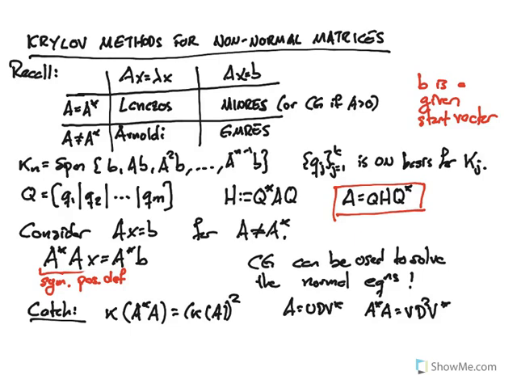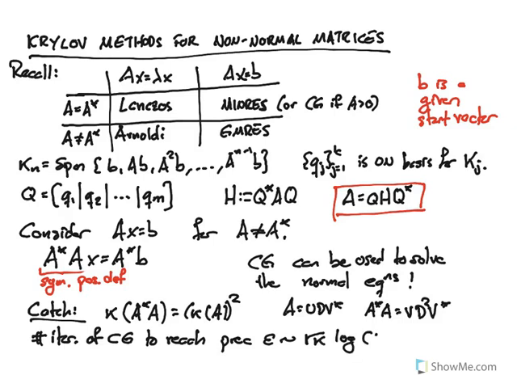And this is unfortunate because of the number of iterations required in conjugate gradients. Let's recall, the number of iterations of CG to reach precision epsilon scales as the root of the condition number times log 1 over epsilon. So for the normal equations, you basically lose the root.